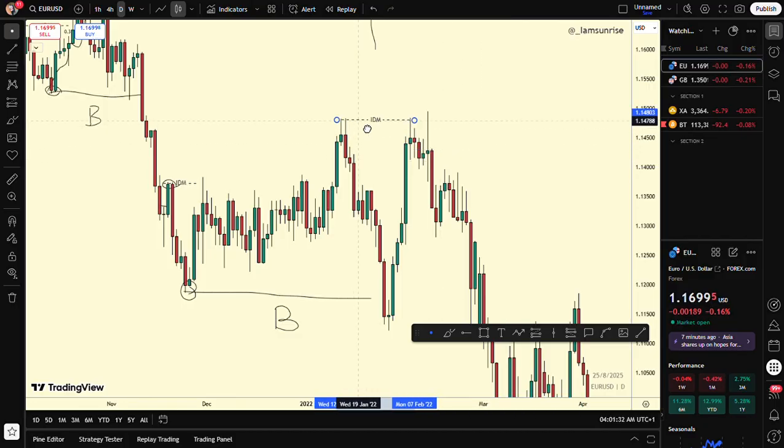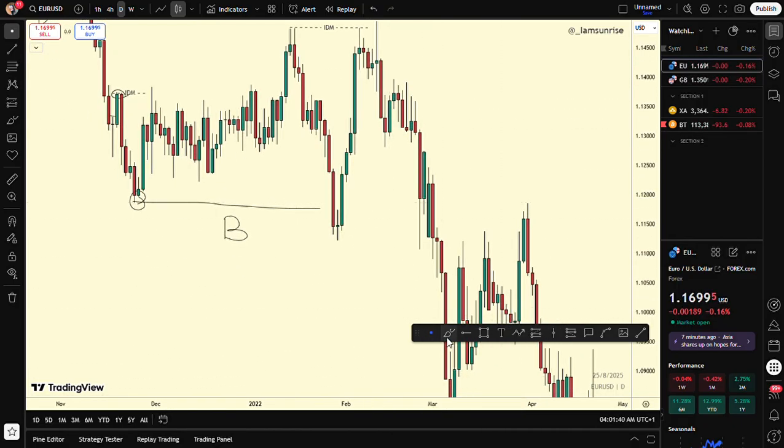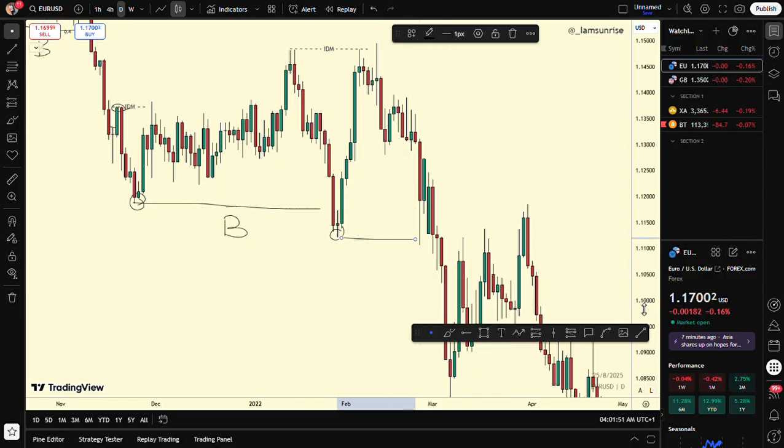After price broke this structure, this is our inducement. Price took it out and then pushed to the downside. This was the low that caused the inducement. Since price has finally broken it, we will now start looking for the inducement. And where is our inducement in this scenario?